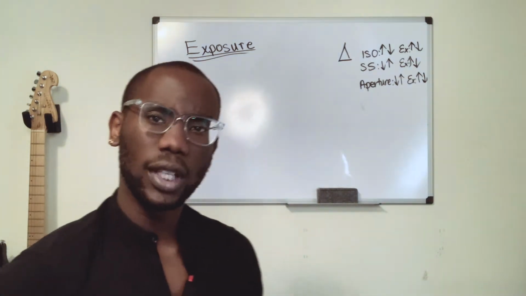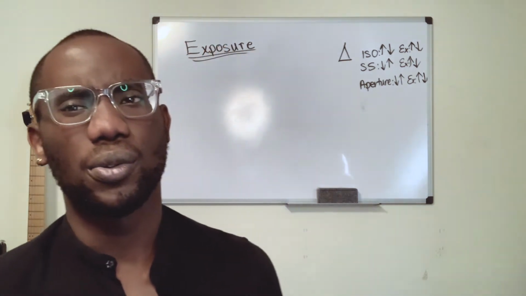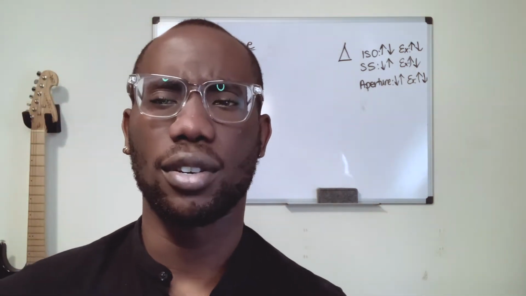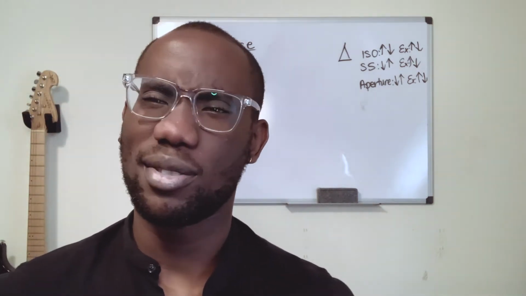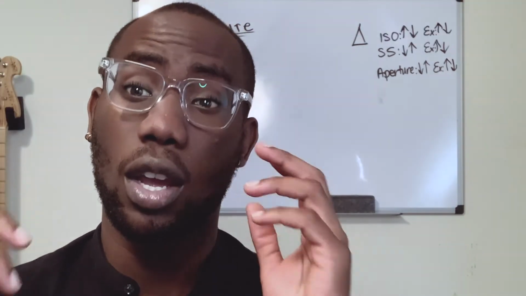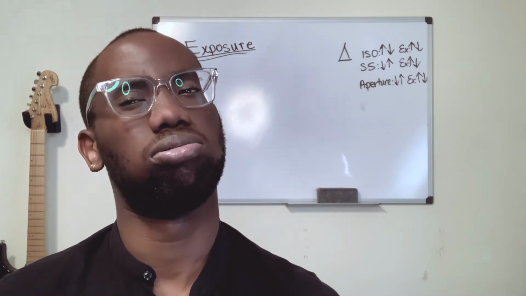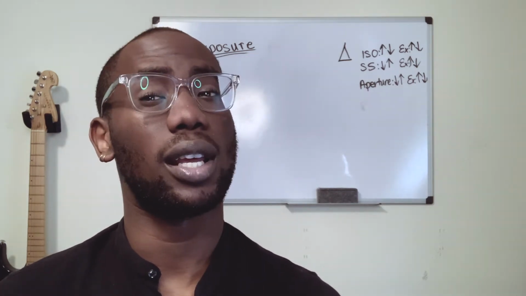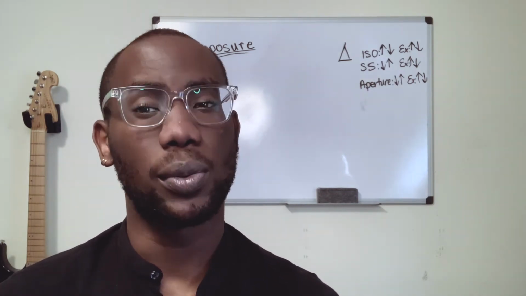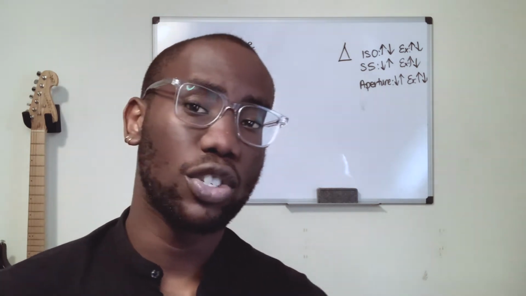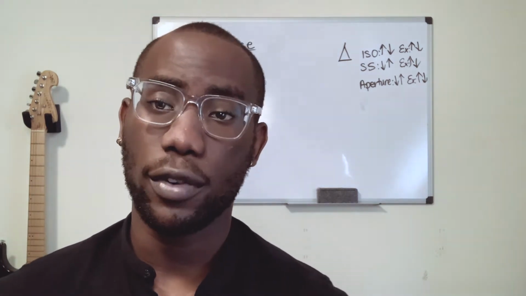Okay, so if there are three things that you can use to affect the lightness and darkness, then this should be super simple, right? Wrong. I wish it was that easy. I'm not gonna lie to you. I wish it was that easy. But each of these things also affect a different part of your image.